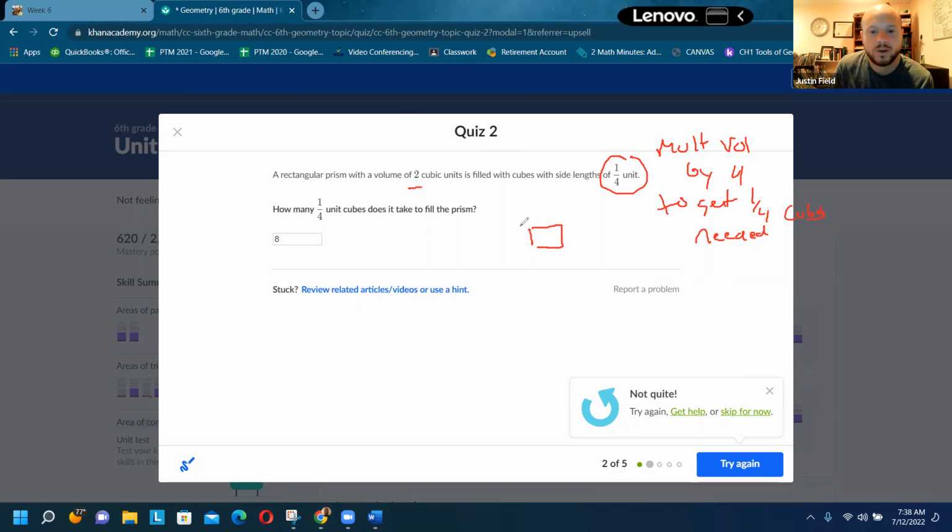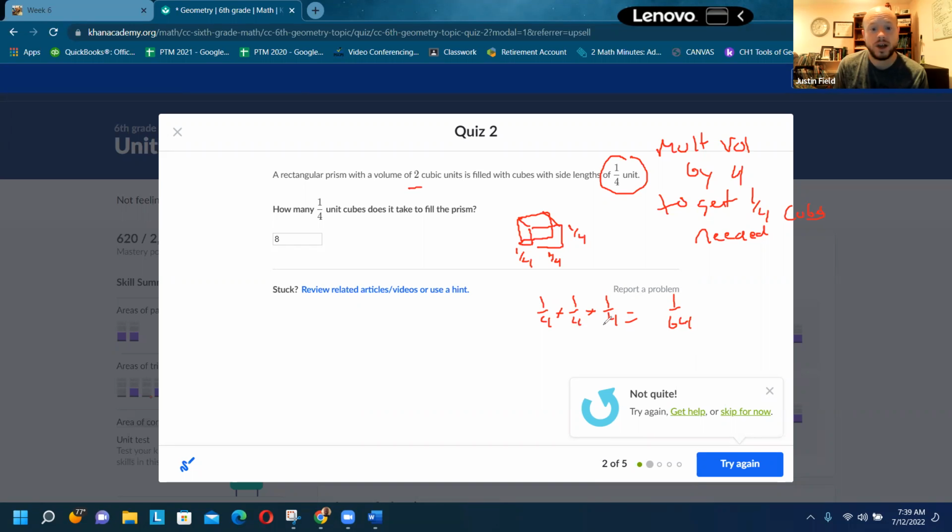All right, so we have this little cube and the side length is 1/4. And so what is the volume of the little cube? Well, the volume of the little cube is going to be 1/4 cubed, which is 1/64, right? 4 times 4 times 4 is 64.